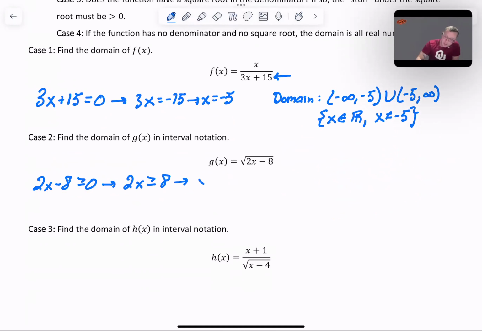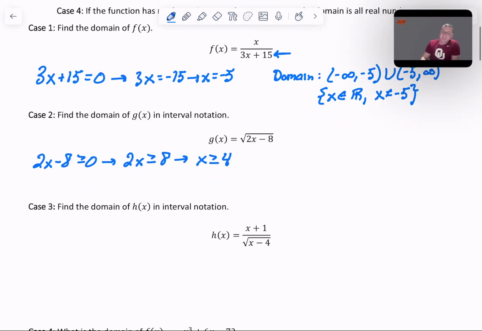And that implies x is greater than or equal to what? Yeah, 4, right? And can anyone explain why the sign of the inequality did not change there? It has to do with the fact that you divided by a positive number, right? And remember, when you divide by a positive number, it does not change the sign of the inequality.